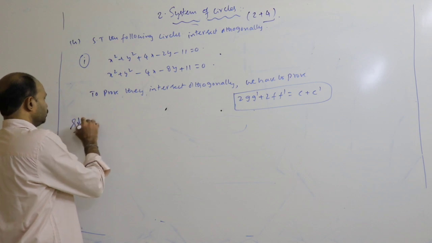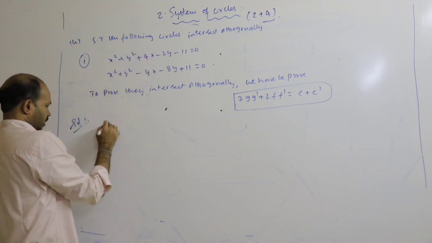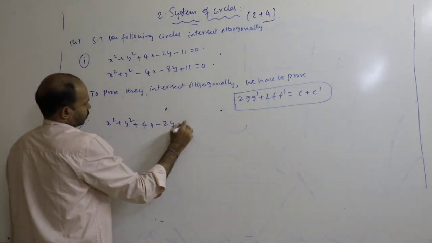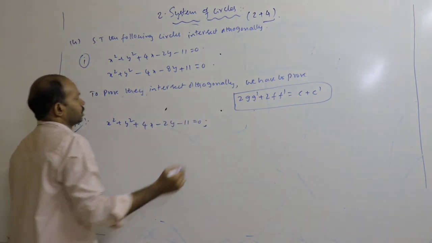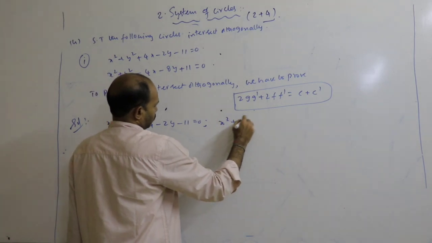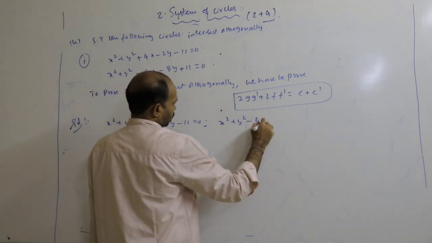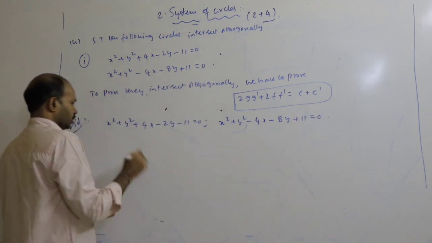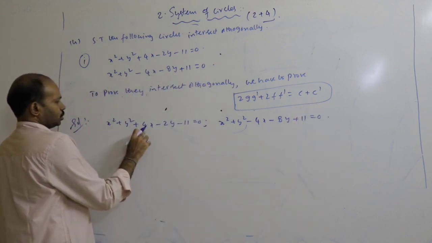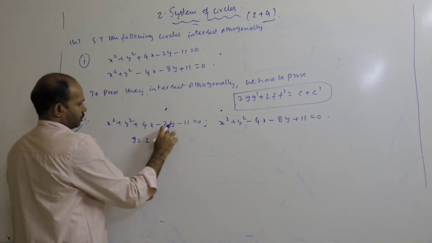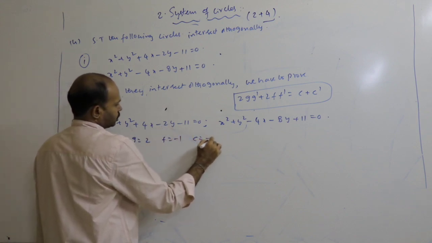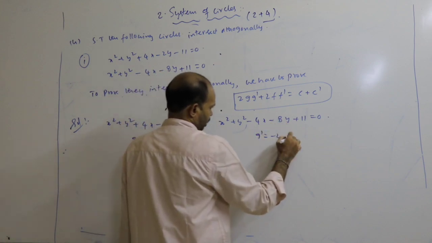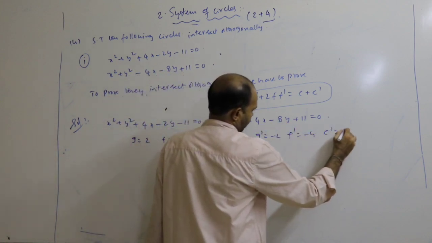Comparing with the general equation, x square plus y square plus 4x minus 2y minus 11 is 0 and x square plus y square minus 4x minus 8y plus 11 is equal to 0, we get g, f, c, g dash, f dash, c dash.